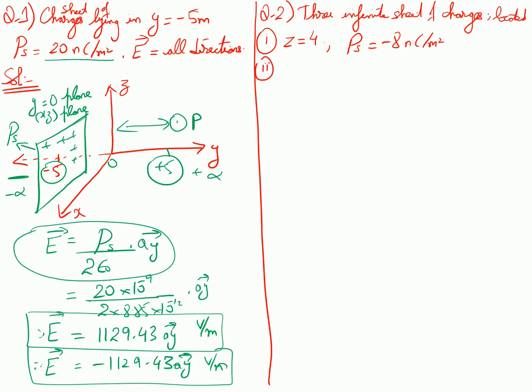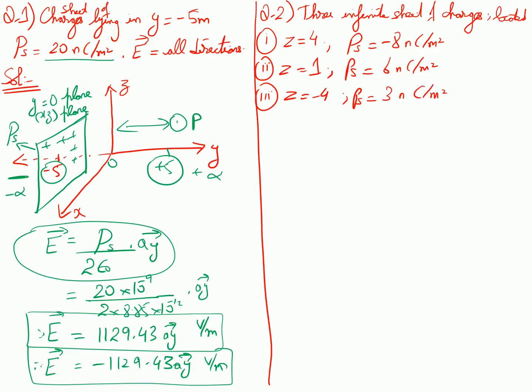The second sheet is located at z equals to 1 and it has a surface charge density of 6 nanocoulomb per meter square. The third sheet is located at z equals to -4 and it has a surface charge density of 3 nanocoulomb per meter square.